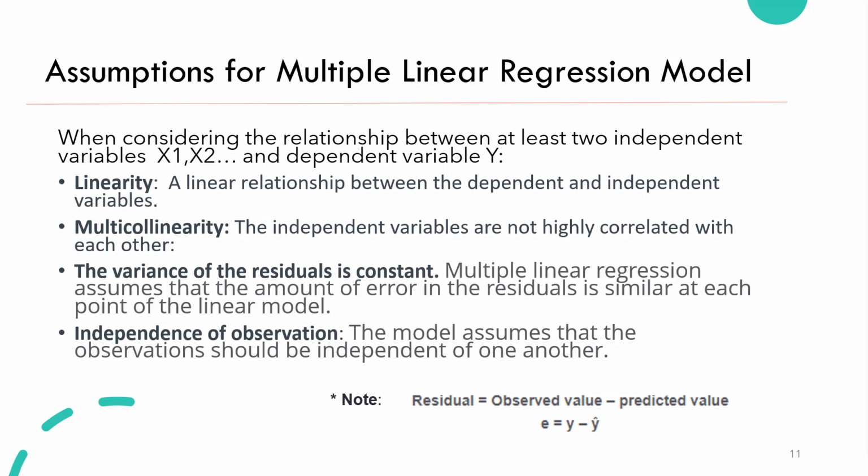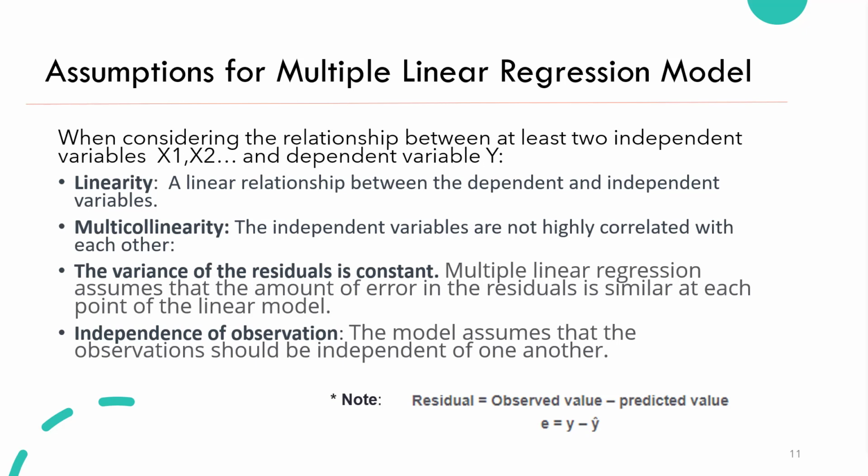If the independent variables show collinearity, then there will be a problem figuring out which specific variable contributes to the variance in the dependent variable. So we should not allow that to happen, and we need to make sure that the independent variables are not highly correlated to each other. The third assumption is the variance of residuals has to be constant.